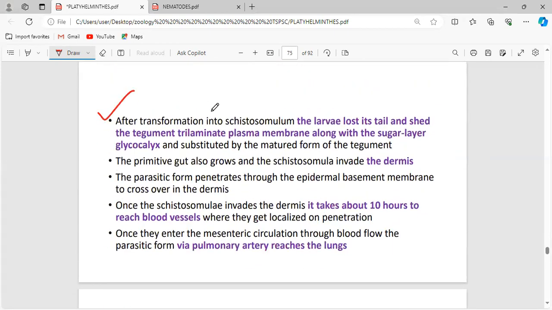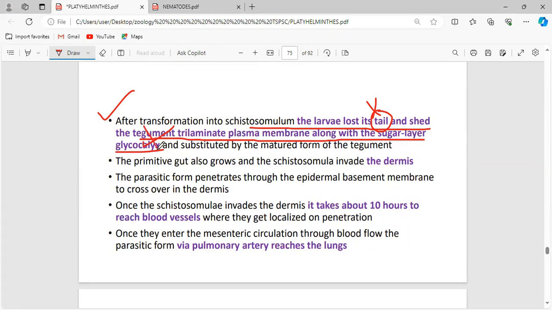Now, after transformation, the schistosomulum, the larva, loses its tail. We have studied that the cercaria has a tail. Now, after transferring from the water body to the primary host, that is human, it loses its tail and sheds the tegument, the trilaminate plasma membrane along with the glycocalyx.